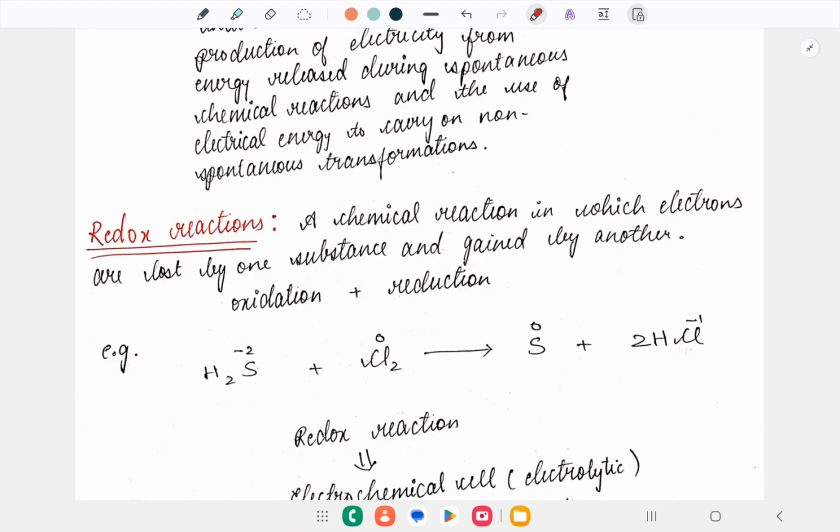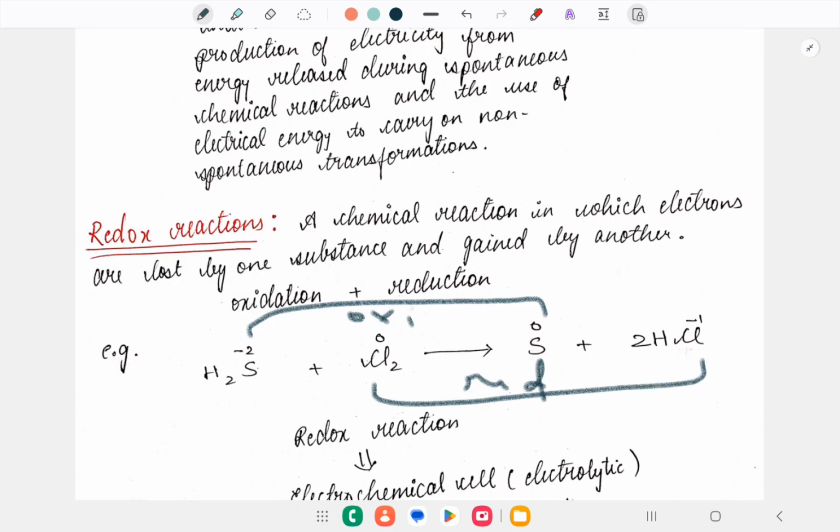Let's take an example. Here we have H2S plus Cl2 giving S plus 2HCl. Here H2S is going to lose its electrons, meaning oxidation happens, while Cl2 will gain electrons, meaning reduction is happening.